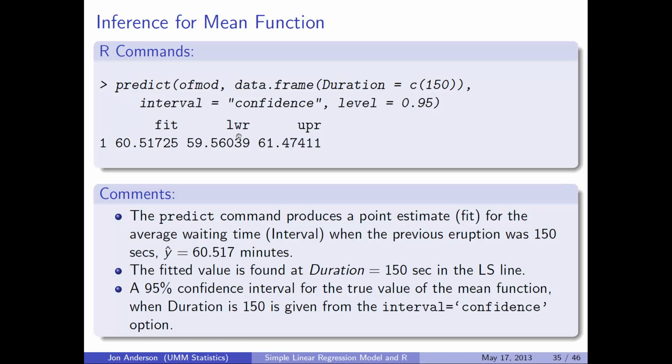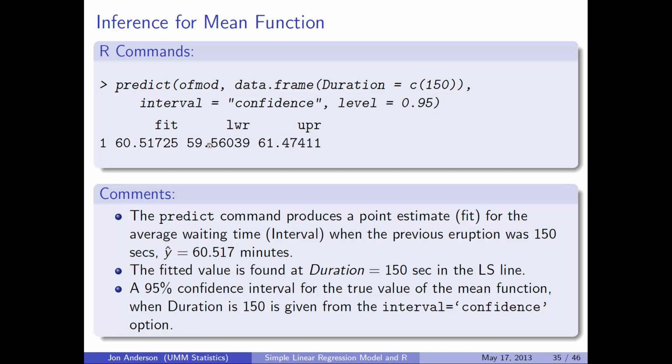Here is the lower reasonable bound for the mean function. Here is the upper reasonable bound. So the mean function could reasonably be as low as 59.5 minutes and as big as about 61.5 minutes.